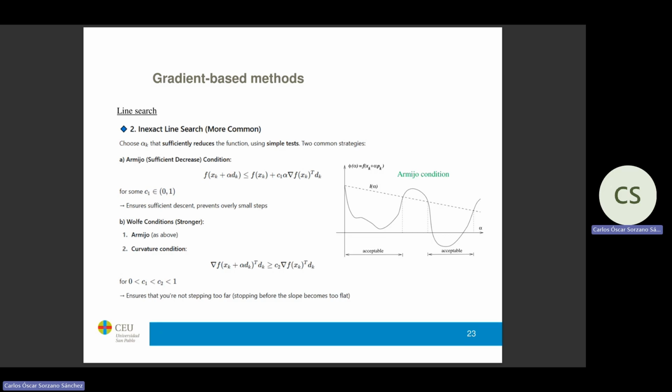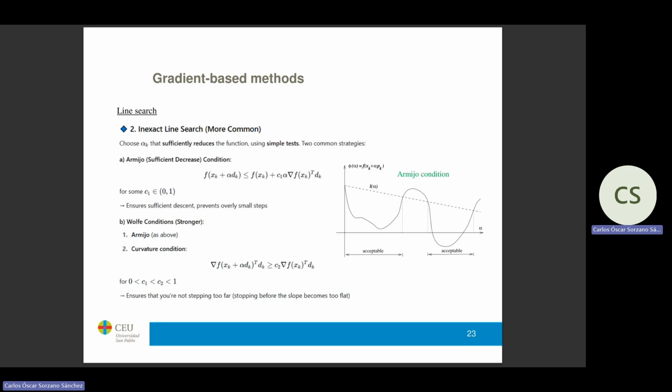You are trying to make sure that you are below that line. So if our function is this one, and this is our gradient, you are moving along this line, and all these points are admissible. At the point you are, you draw a line, and any point that is below that line is admissible.